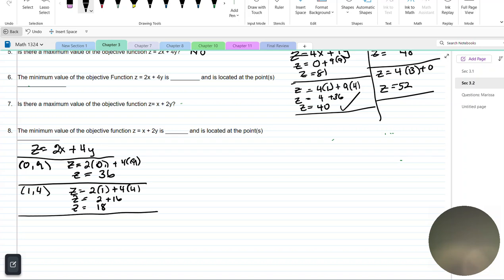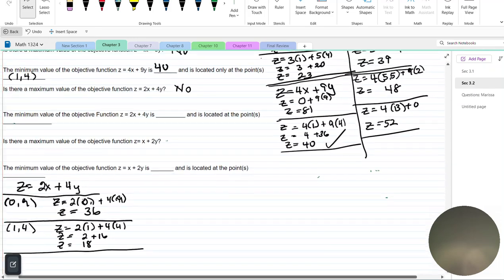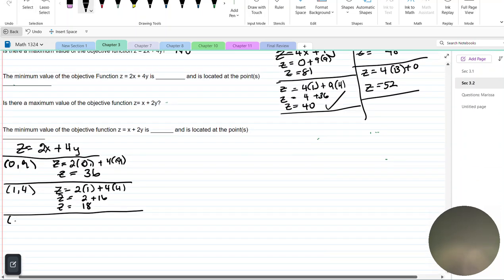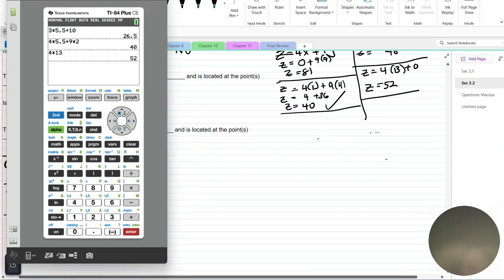Our next point is (5.5, 2). Z equals 2 times 5.5 plus 4 times 2. We'll just use the calculator.